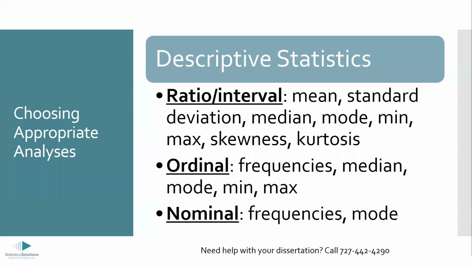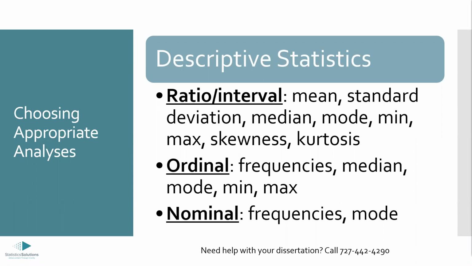Descriptive statistics may seem really straightforward, but it actually is very important that you choose the appropriate types of descriptive statistics based on the level of measurement. So for variables that are on a ratio or interval level of measurement, you will want to report things like the mean and the standard deviation.